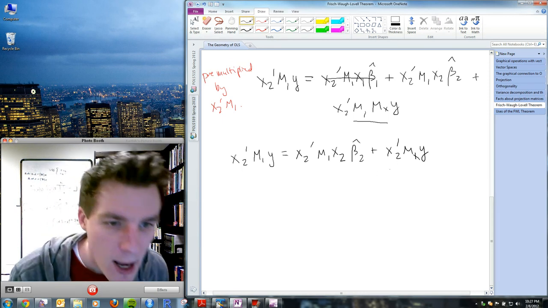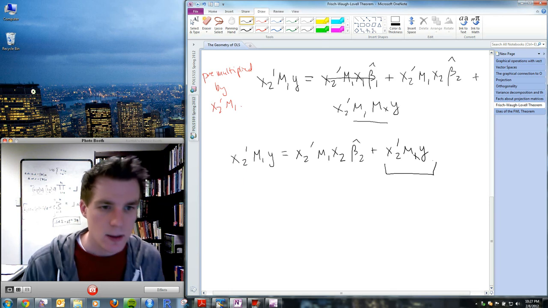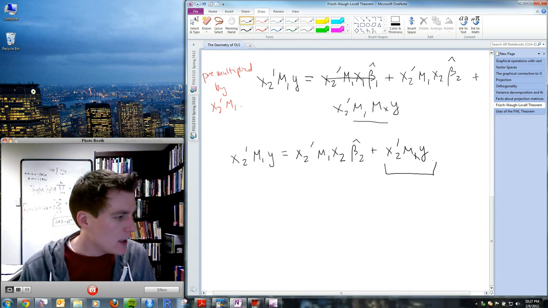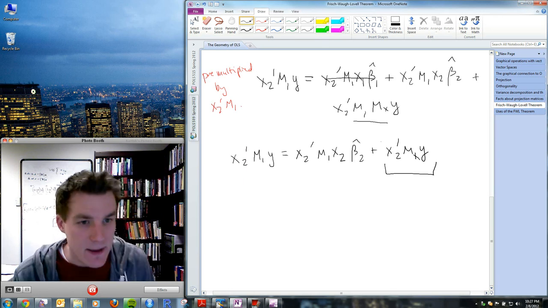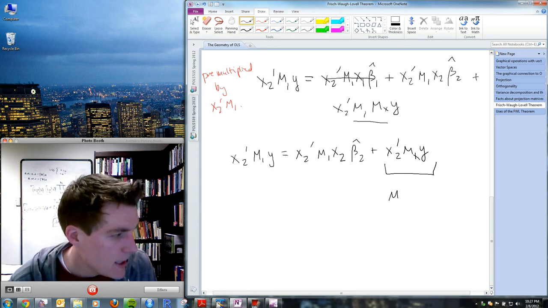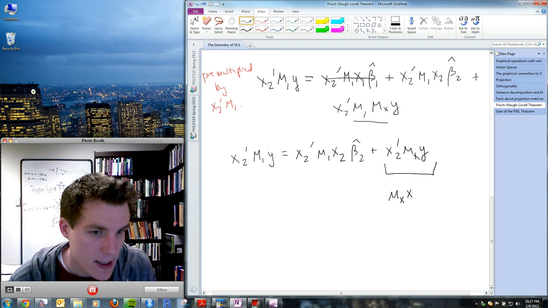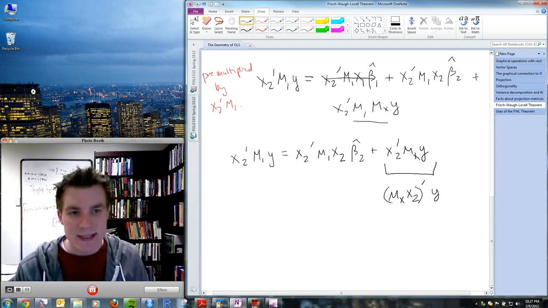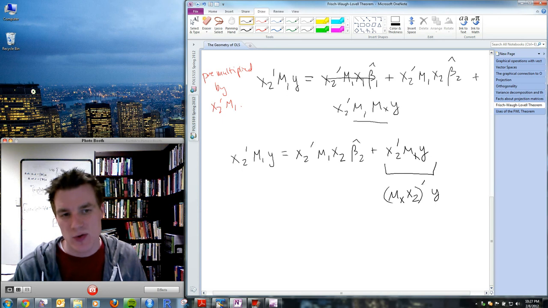Now, I can simplify this a little bit. I can say this thing here is like mx x2 transpose y. Well, what's mx x2 transpose? This thing is equal to 0.